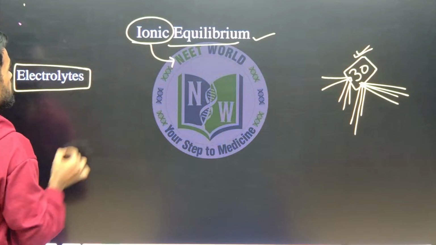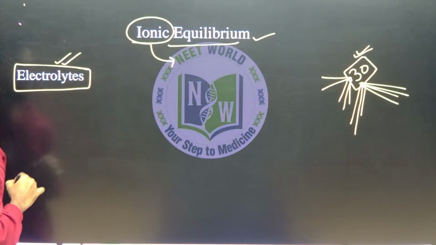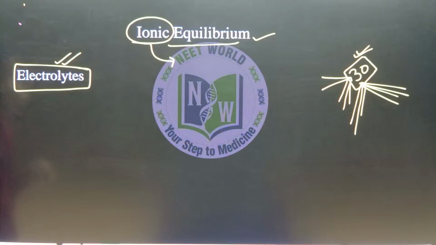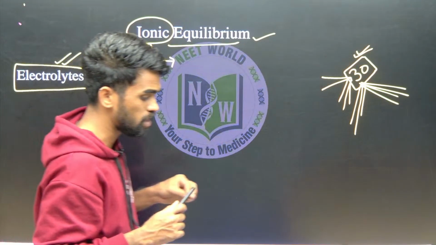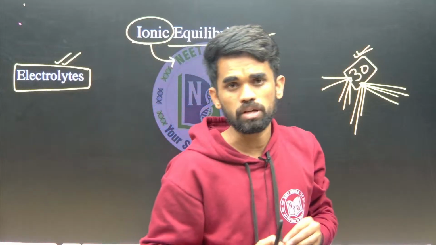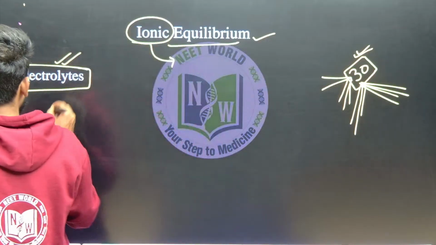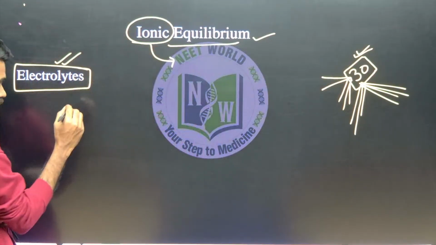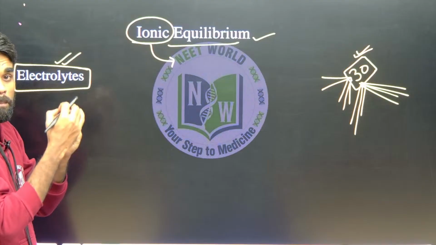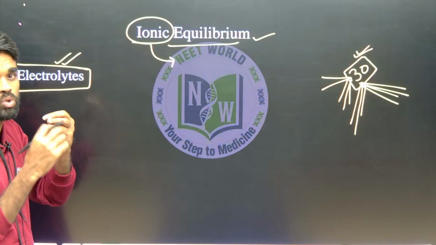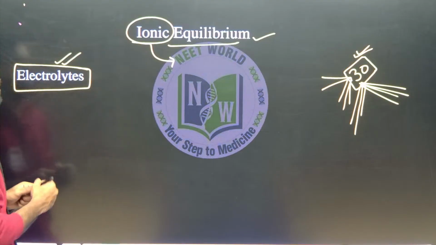To understand that, you need to know what electrolytes are. Those substances which allow the passage of electricity through their solutions. If I take a solution of a particular electrolyte, it has the ability to pass current through it, so it is considered an electrolytic solution.